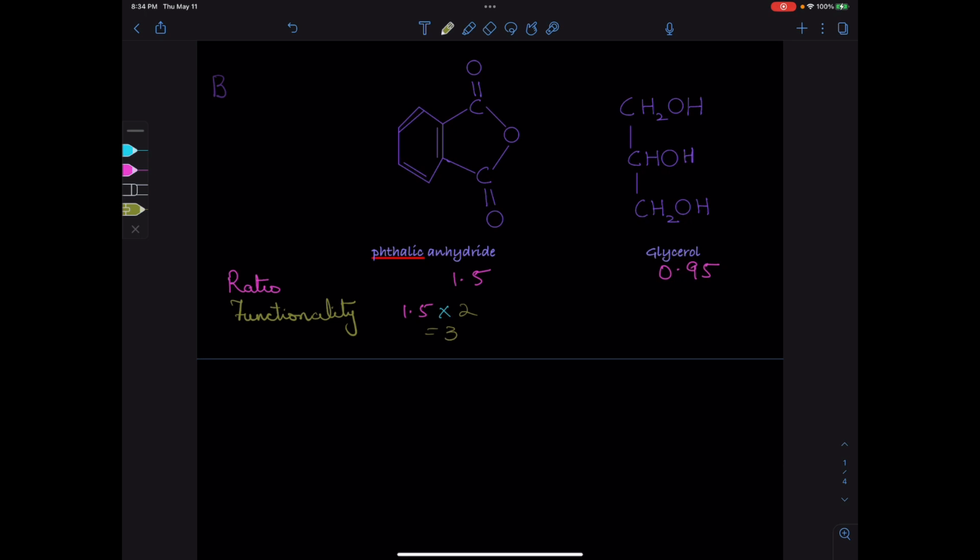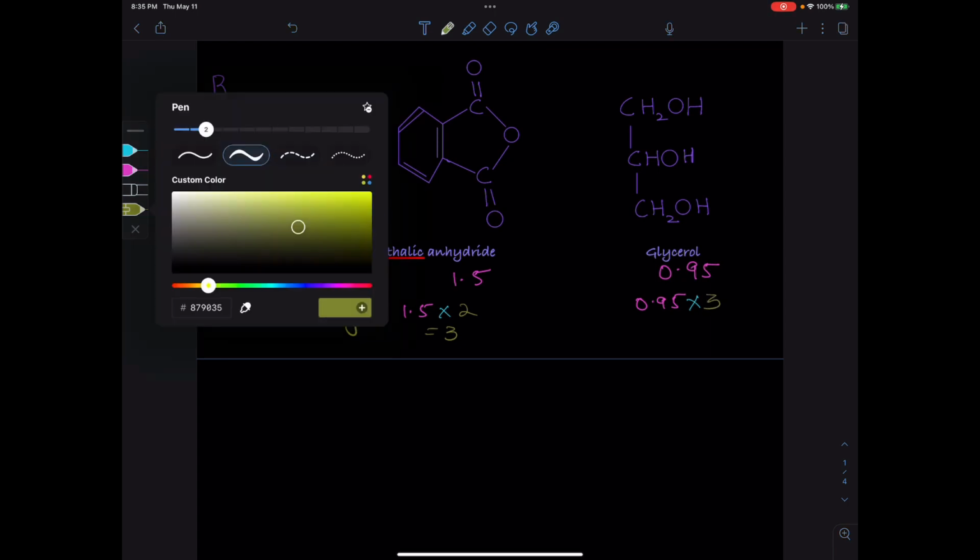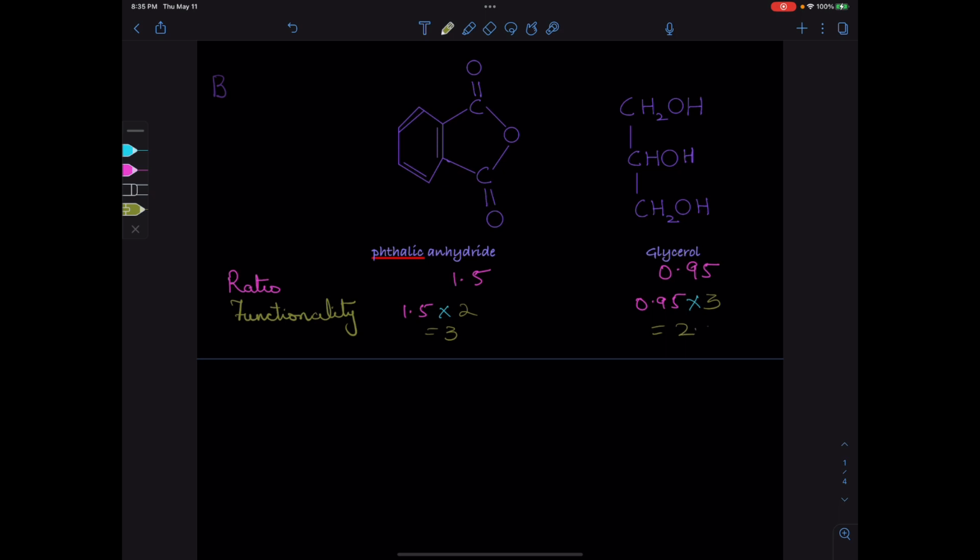Glycerol has 3 hydroxyl groups, so the functionality is 0.95 times 3, which is 2.85. So since 3 is greater than 2.85, for finding R, we want to put 3 in the denominator because R has to be less than 1, and 2.85 in the numerator. So we get the feed ratio as 0.95.